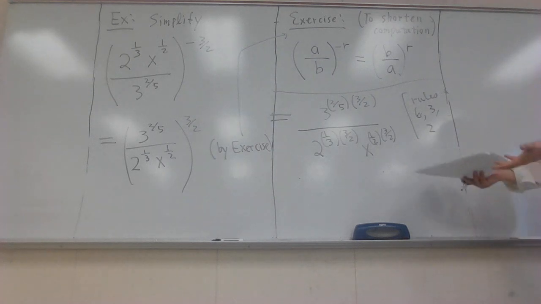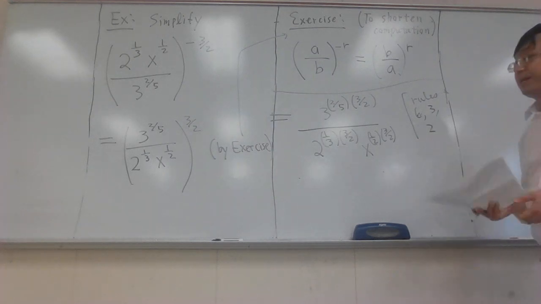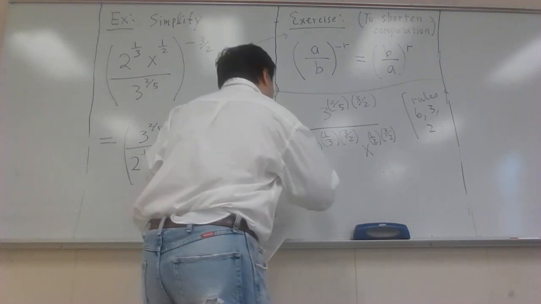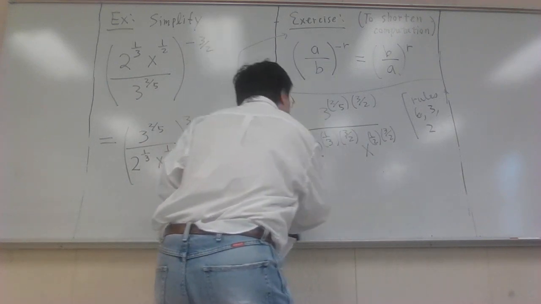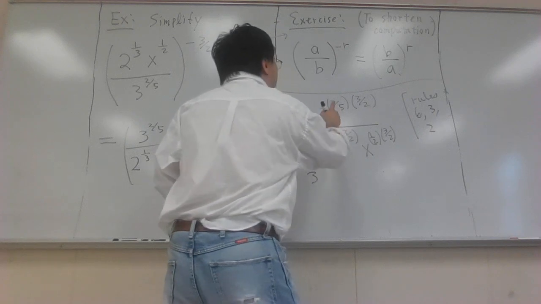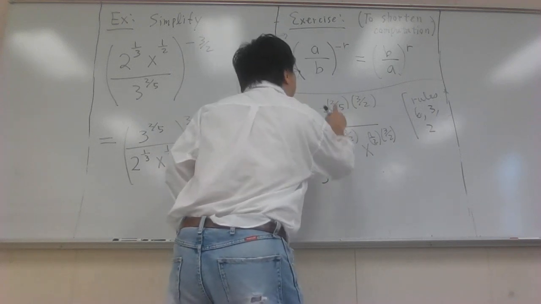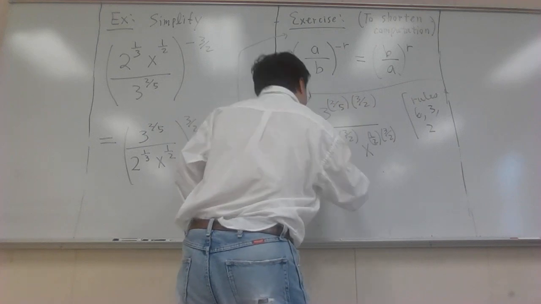And then now all I need to do is clean this up. If I clean this up, this becomes 3 to the power of 2/5 times 3 over 2. 2/5 times 3 over 2 is 3 over 5.